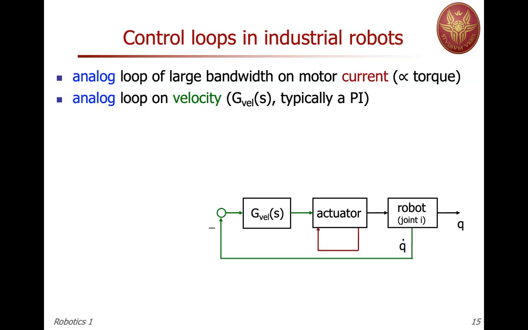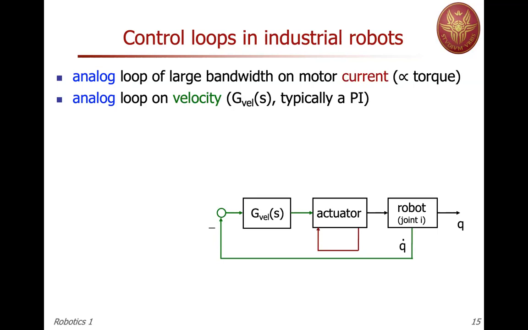Indeed, you may not have a measurement of velocity, so you see that this q dot, if you have an analog loop, should be provided by an analog device, so a tachometer or a resolver, which is a position measurement, an analog position measurement, and you use some derivation of this signal.